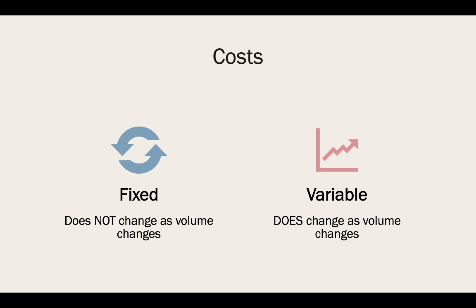Our variable costs do change as our volume changes. So if I run 1,000 calls, then next year we increase to 1,500 calls, those costs increase. So I'm going to have some costs in our proposed budget which are fixed year to year, and some that are variable year to year.